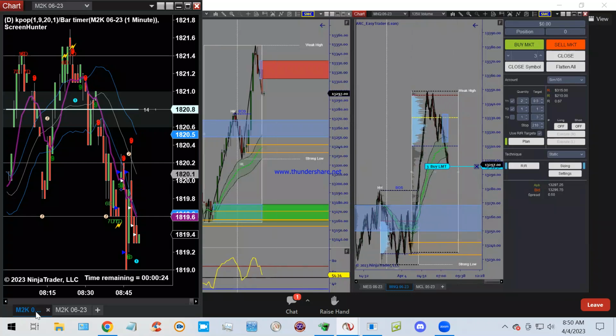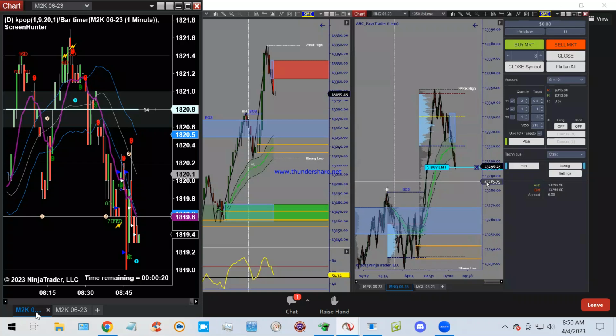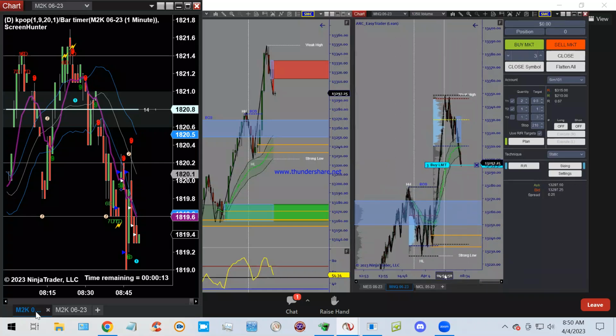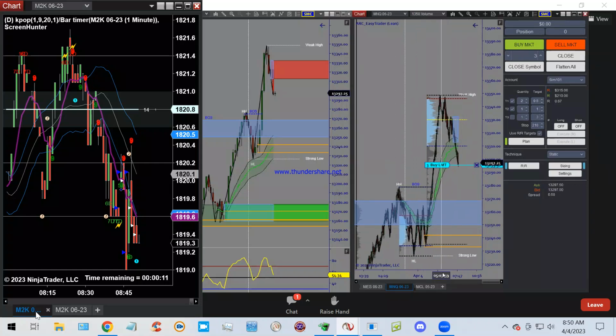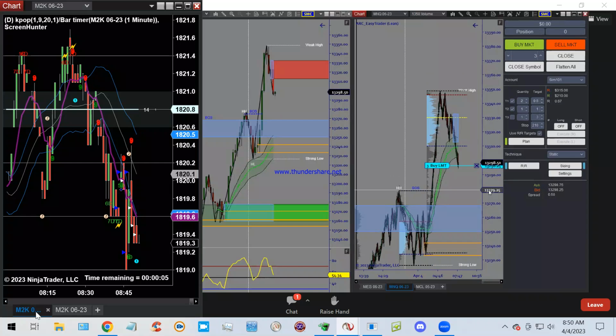Nasdaq is the strongest market. Pulling back to some low volume. Make sure we get the fill here.